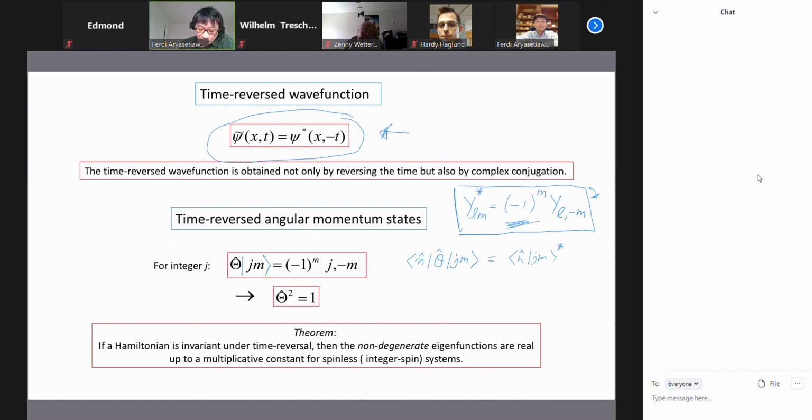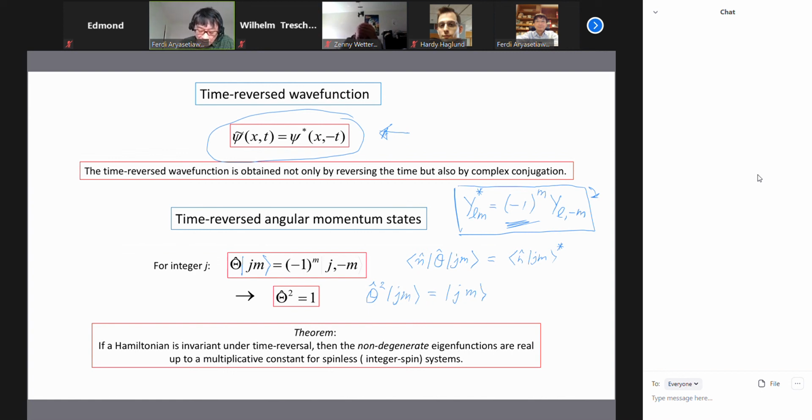So then, if I apply the time reversal operator twice, you would return the state to the original one. If I apply this twice like this, then that becomes just Jm, because minus 1 to the power of 2m is 1, and minus m becomes m again.